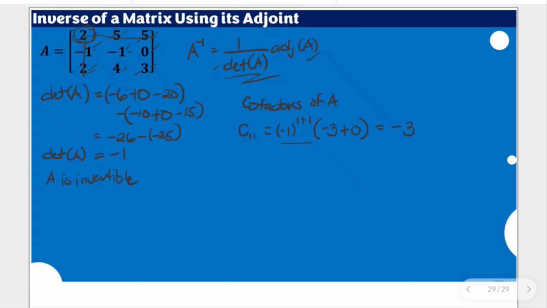The cofactor of entry 1, 2, meaning this entry here, we're going to remove, in our mind, its row and its column, leaving these entries as part of the submatrix, and we are going to take its minor. So the minor is again the determinant of the remaining. So 1 times negative 3. But first, same thing here, negative 1 raised to 1 plus 2.